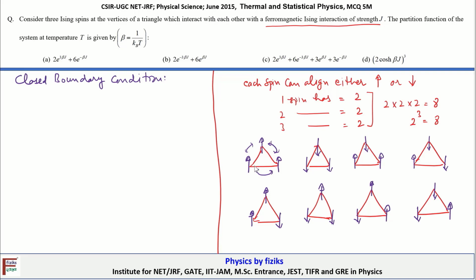Therefore, if we label them as S1, S2 and S3, the total Hamiltonian for these microstates will be H equal to minus J, because it's given that they interact with the ferromagnetic Ising interaction of strength J. So we write the interaction energy as minus J times S1 dot S2 plus S2 dot S3 plus S3 dot S1.